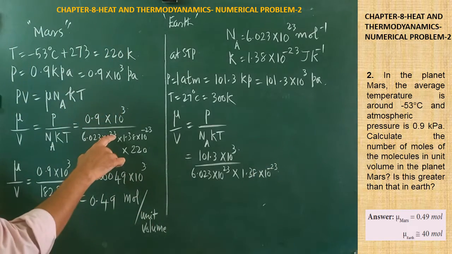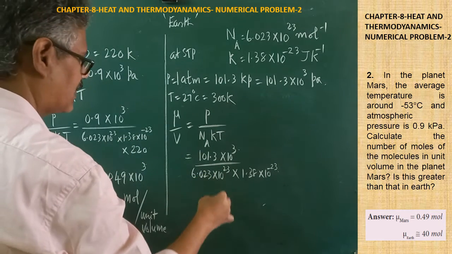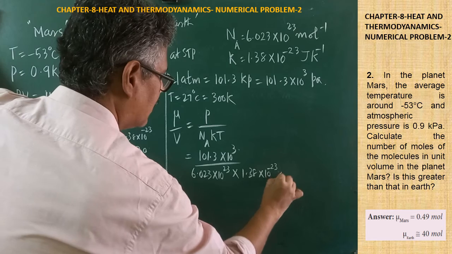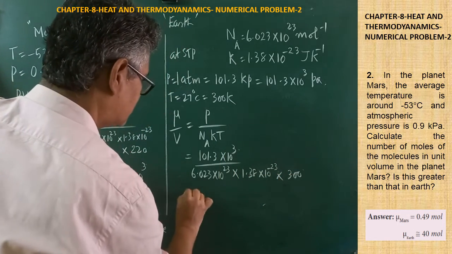You can easily cancel here, since 10 to the power of 23 and 10 to the power of minus 23 are there. And then T is 300 Kelvin.